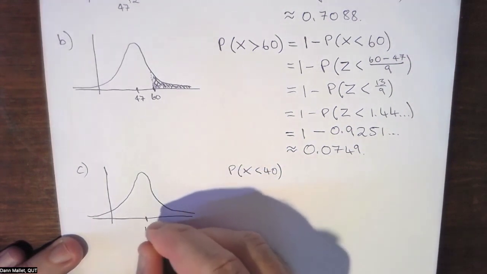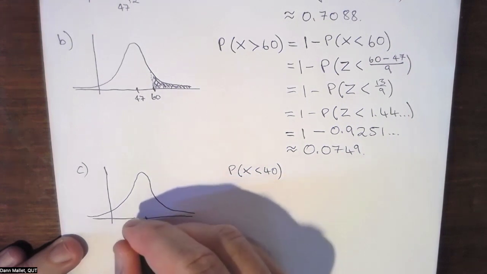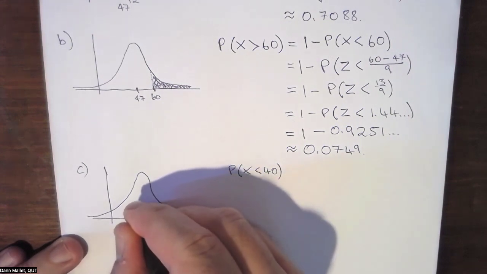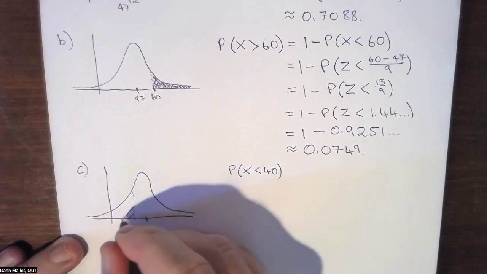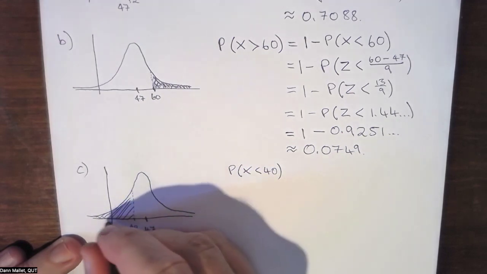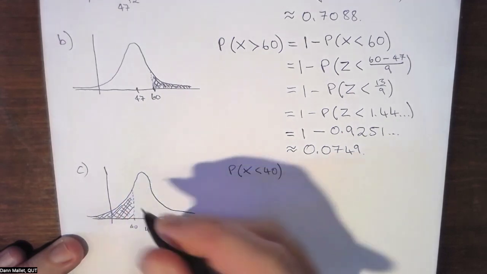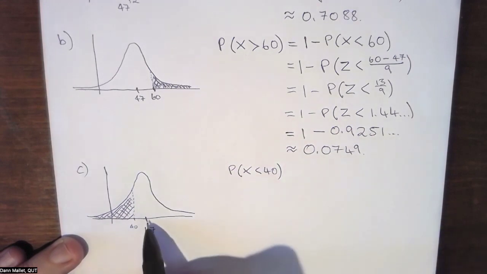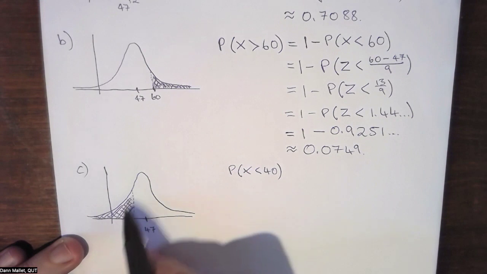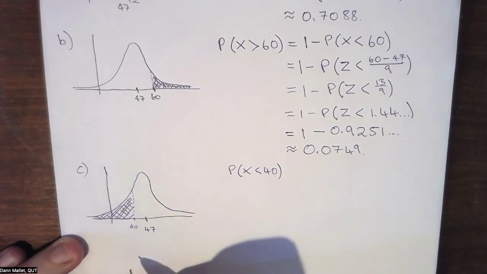There's our mean of 47. Jump over here to around about 40. So we're looking for this area under the curve over here. And you can see we're to the left of the mean. So we're going to get a value which is less than 0.5 for the probability.